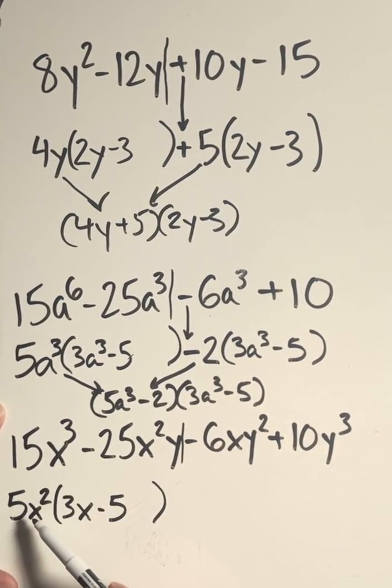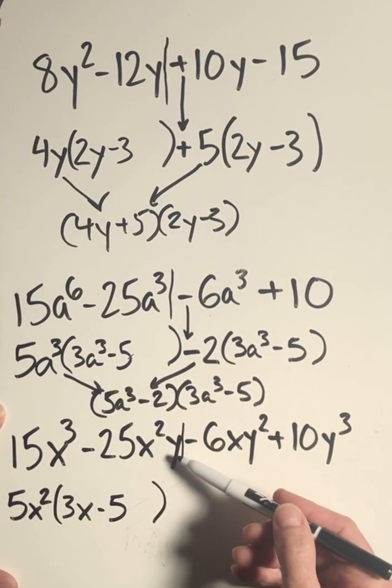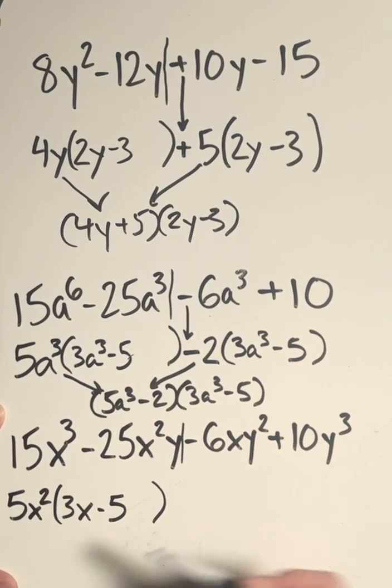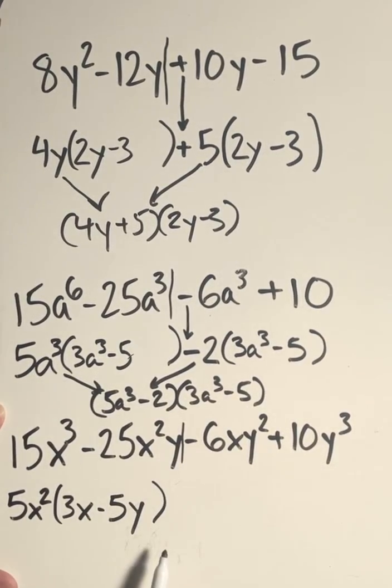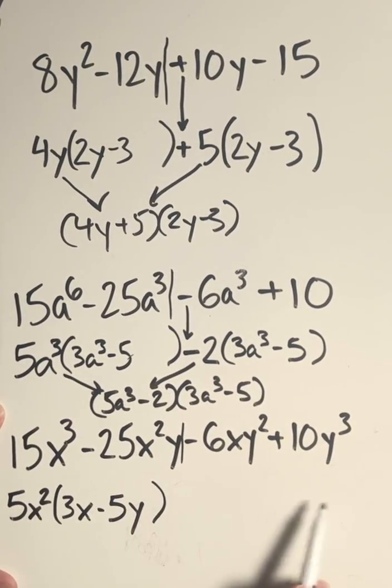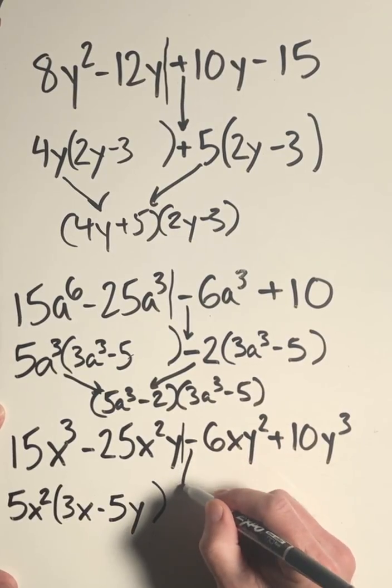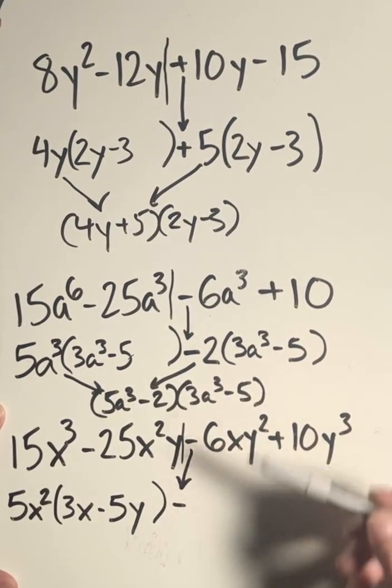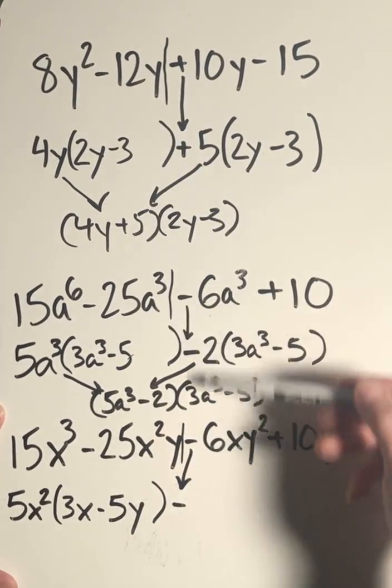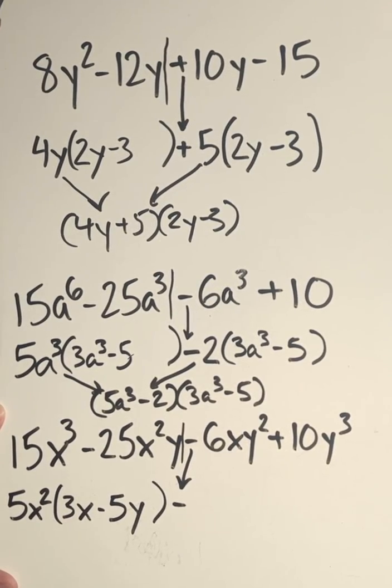X squared divided by x squared is just 1, so I don't need to put that. And now I have y divided by 1 is just y, so I do need to have a y in this binomial. Again, I should be looking for this binomial to repeat itself on this side. I'm going to bring this sign straight down. Again, whether it's positive or negative, it's always going to come straight down.